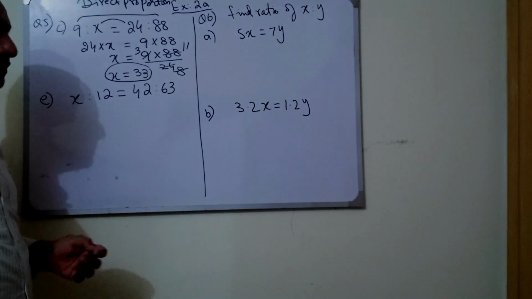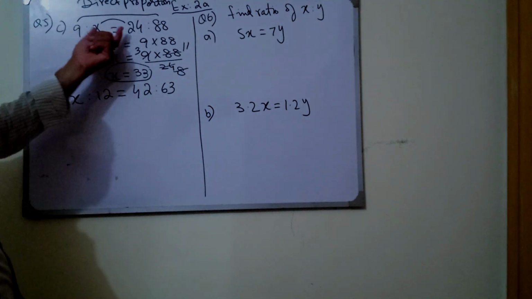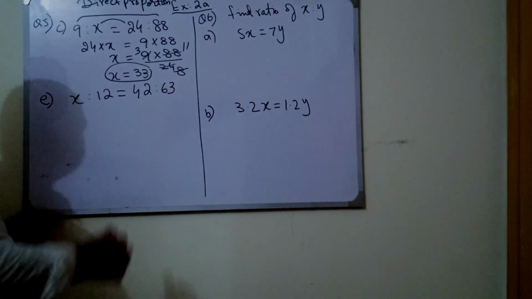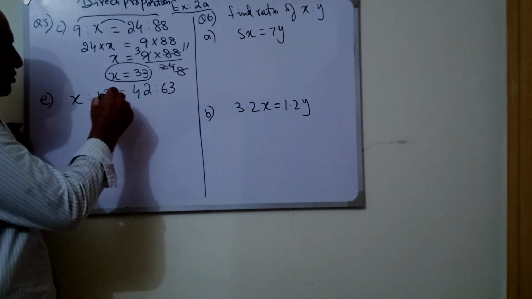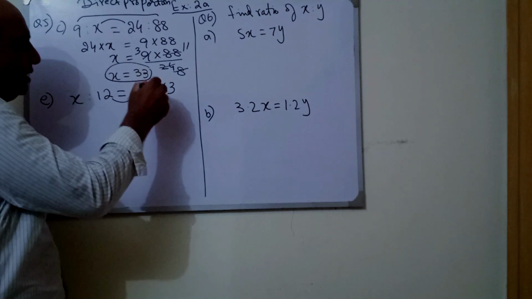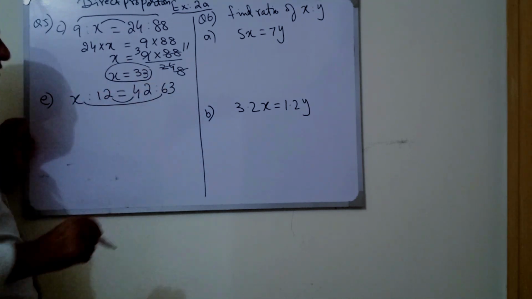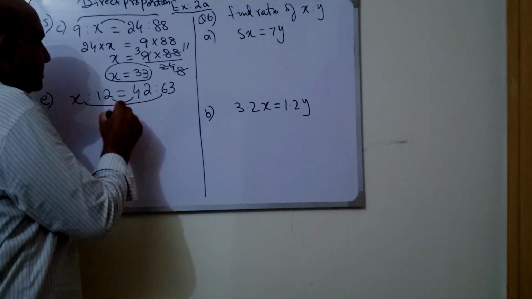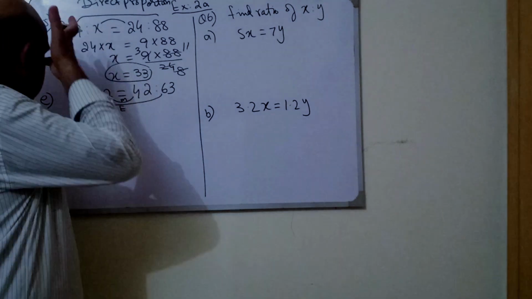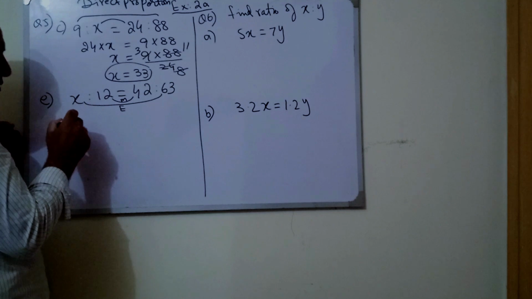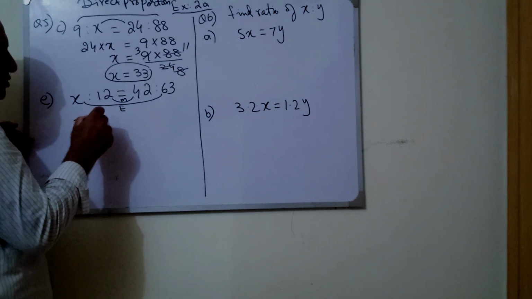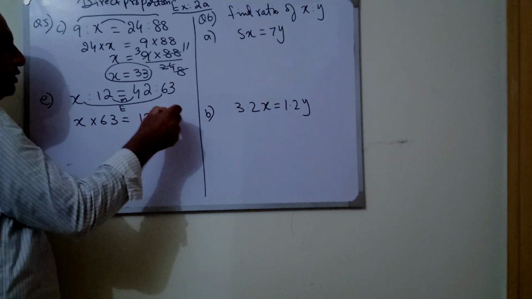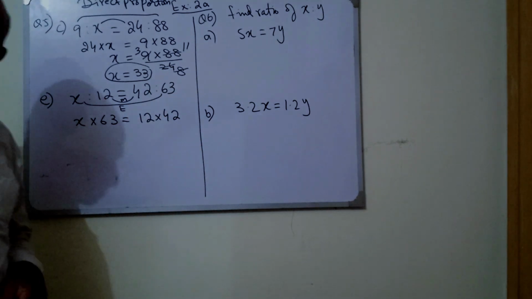What we have done is write that the product of means is equal to the product of extremes. Same here: these two are the means and these two are the extremes. Now we write it as x into 63 is equal to 12 into 42. Right, students?